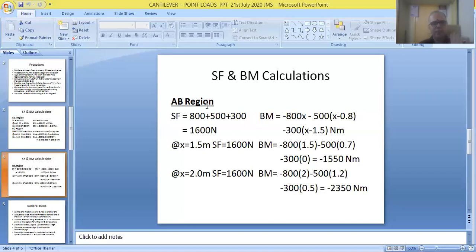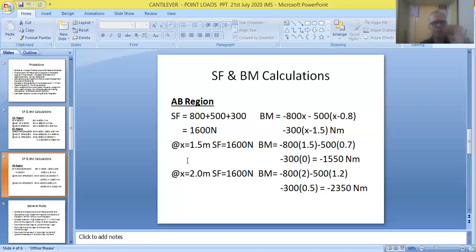And friends, just like previous regions, you select the limits for this region. So 1.5, you are coming from point D. 1.5 will be the lower limit, and 2 meters will be the upper limit of X for AB region.